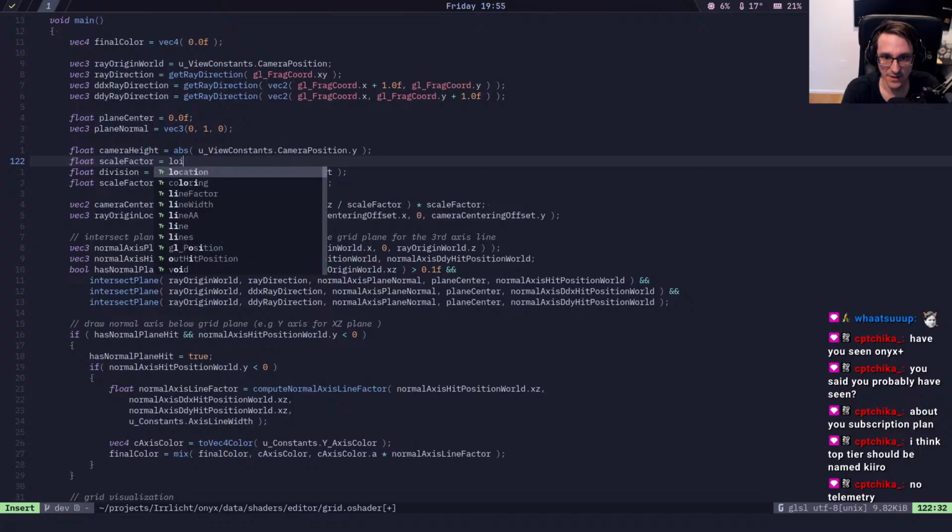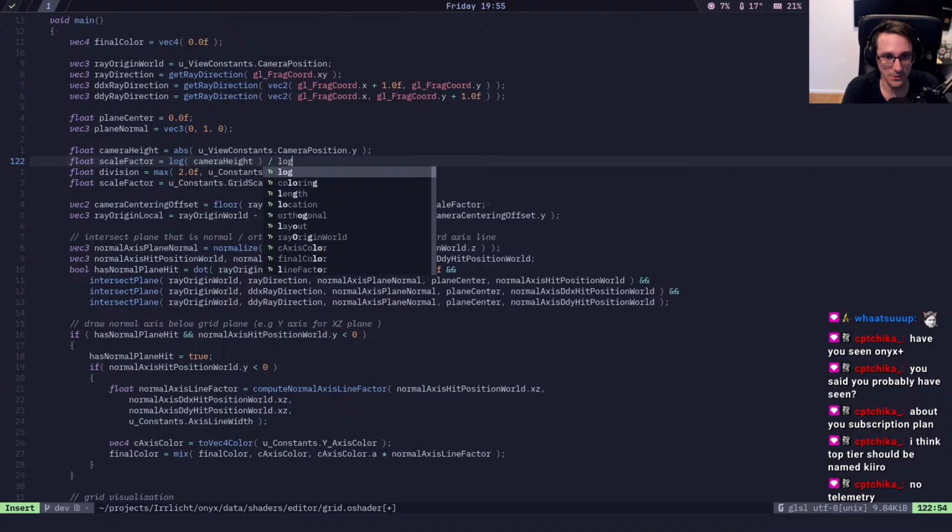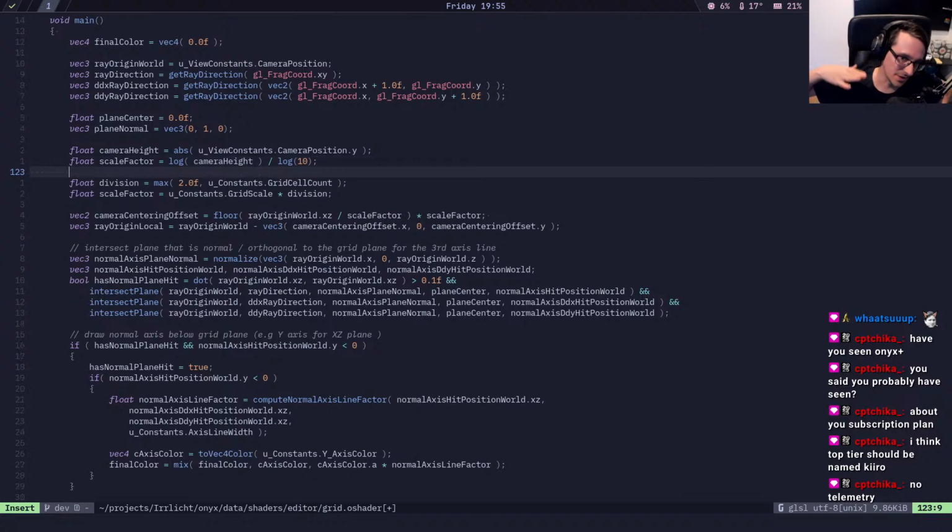And that is basically, I think I want to do it in powers of tens. So what we do is camera height divided by log of 10. What that basically does is at 10 meters we switch, at 100 meters we switch, at 1,000 meters we switch, 10,000, 100,000, and so forth.